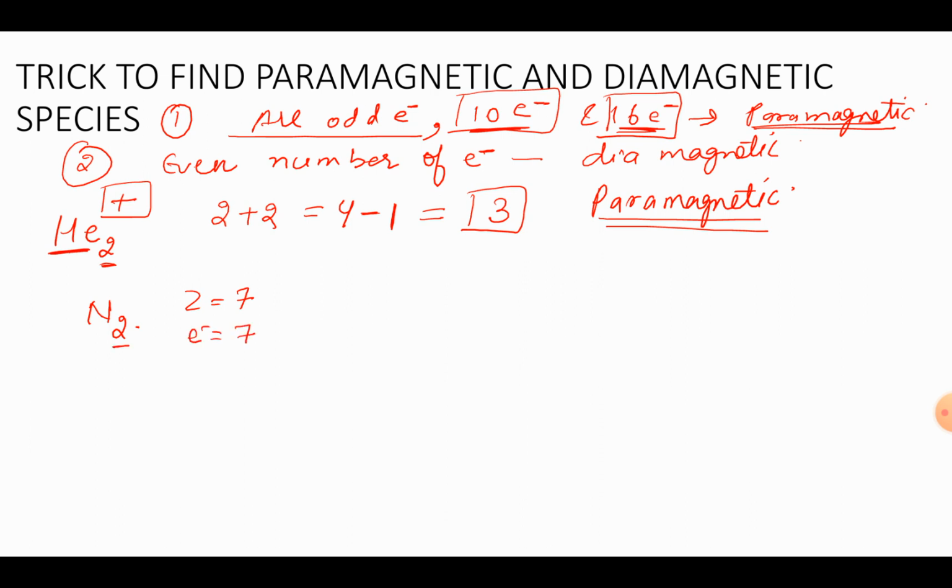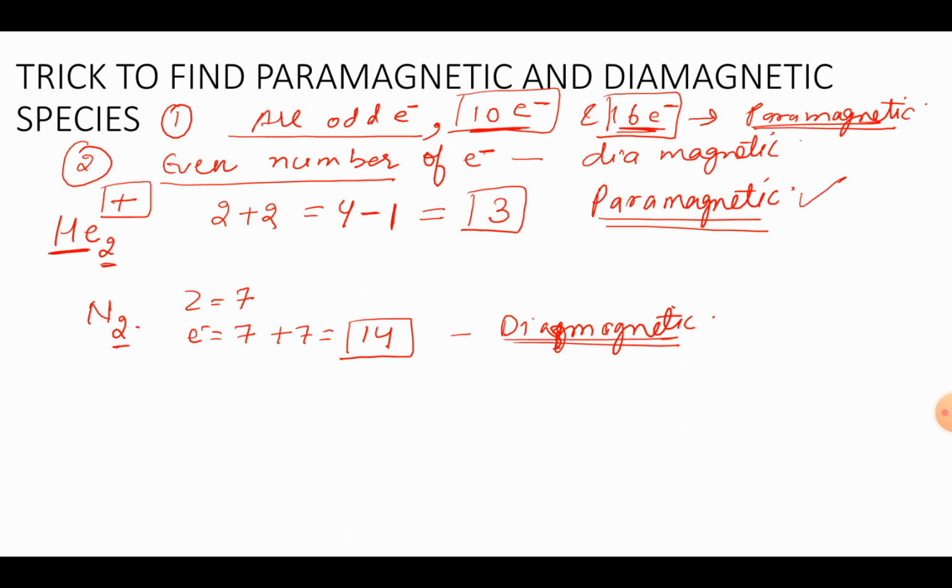We have 2 nitrogen atoms, so it will be 7 plus 7, that is 14, and 14 is an even number, which means it is diamagnetic in nature. Is that clear? All the electrons are paired in this case. Paramagnetic means one or more electrons are unpaired, and diamagnetic means all the electrons are paired.